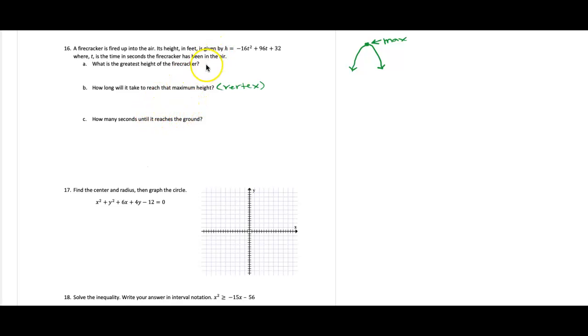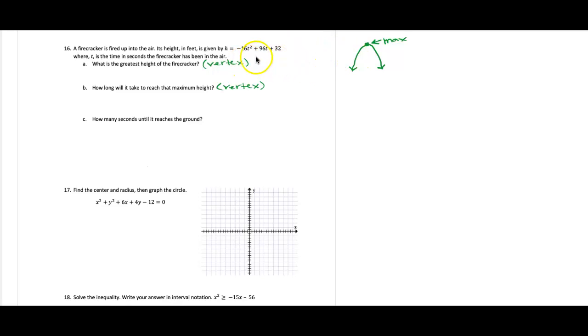Okay, oops. Well, that's also part of the vertex, but I meant to write this here. So what is the greatest height of the firecracker? On something like this, you can try to factor it out and see if that will work. If it doesn't, then you might have to use the vertex formula and the quadratic formula.